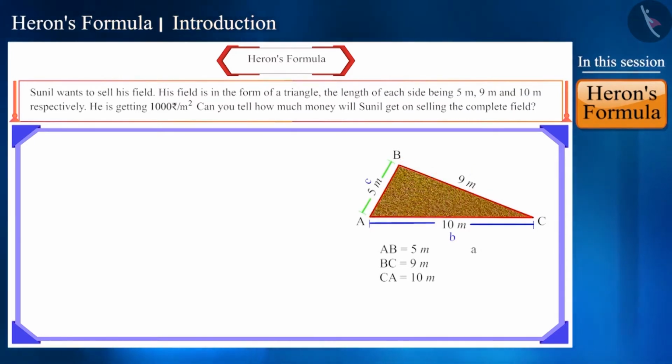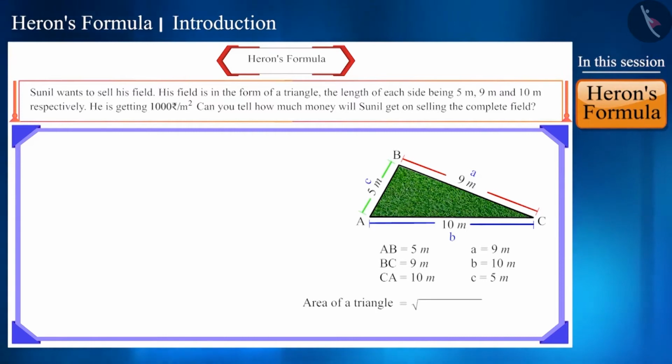So in triangle ABC, a is equal to 9 meters, b is equal to 10 meters and c is equal to 5 meters. Heron's formula for calculating the area of a triangle is square root of s within brackets s minus a, s minus b, s minus c, and its solution will be as follows.